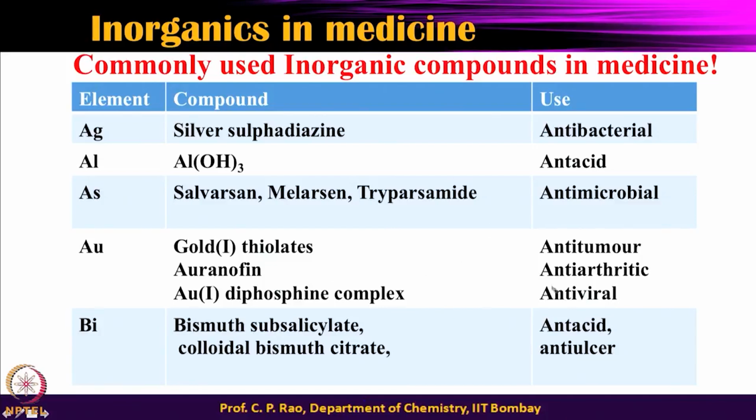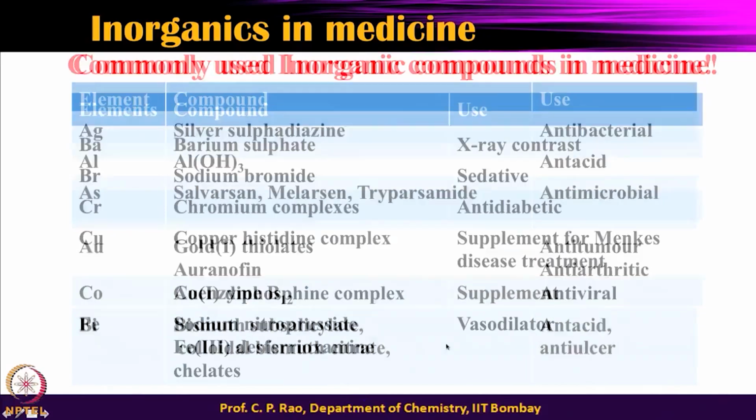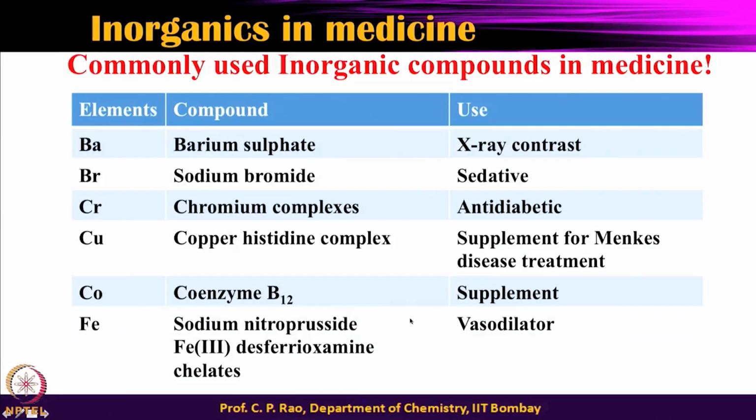So, gold compounds are also used a lot, of the kind you can see here. Bismuth salicylate, bismuth colloidal, bismuth citrate, all of these can also be used as anti-ulcer as well as antacid. That is not the complete list, we have a lot more.